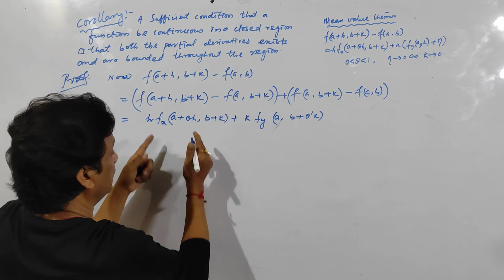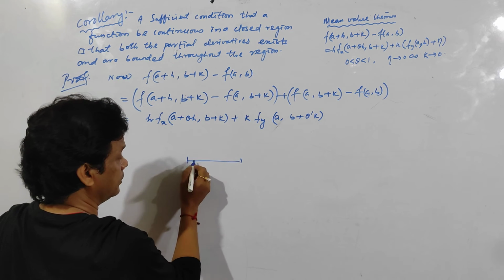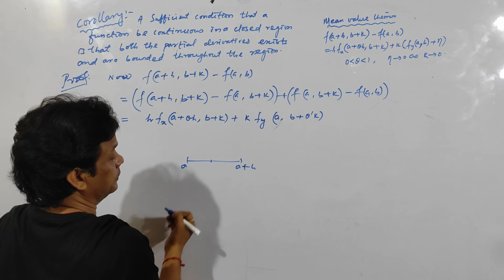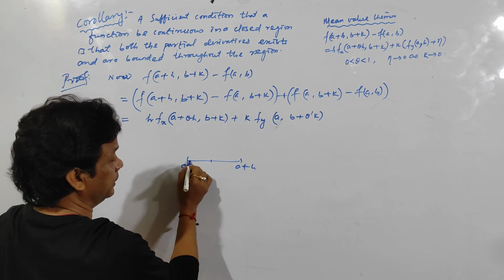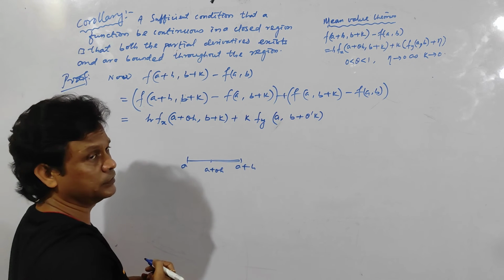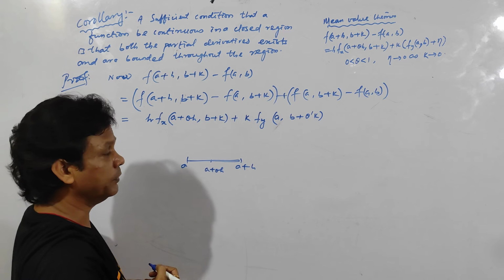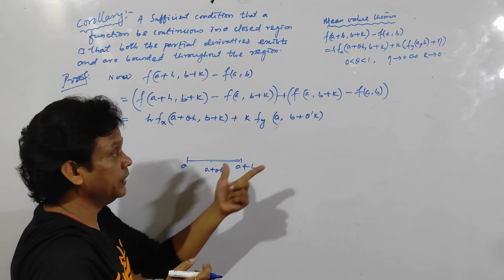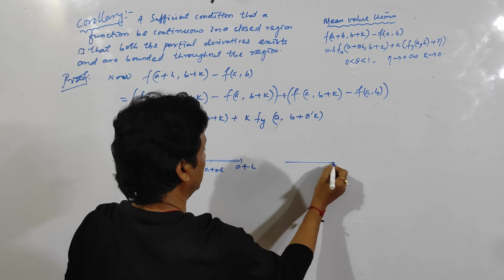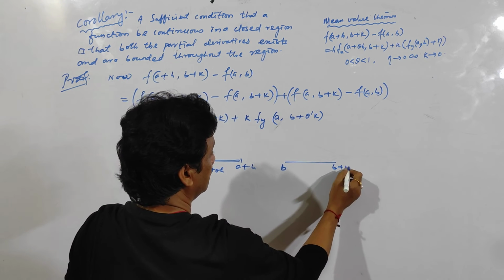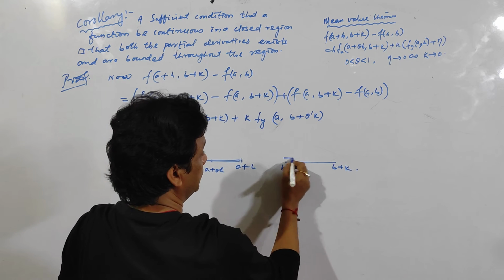Same thing for this one. You are taking the difference h, a plus h, and any point in this interval is a plus theta h, where theta is a multiple of h, where that multiple is point something. In this case also same thing. Here b plus k, and the difference is k.